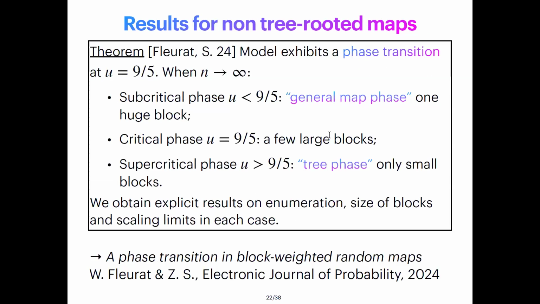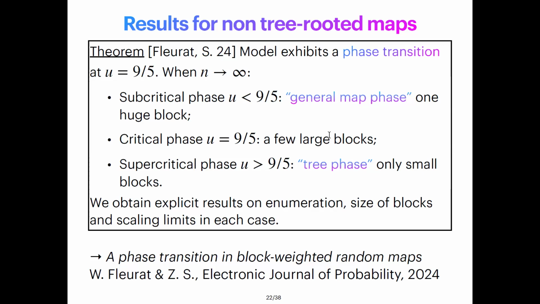And this allows us to give these results on a phase transition. So this is the case, again, of non-tree-rooted maps. We have a phase transition at u equals 9/5 with a subcritical phase, which is a general map phase, where we will find condensation, one huge block, a critical phase with a few large blocks, and a supercritical phase, which is a tree phase with only small blocks and generally tree-shaped maps.